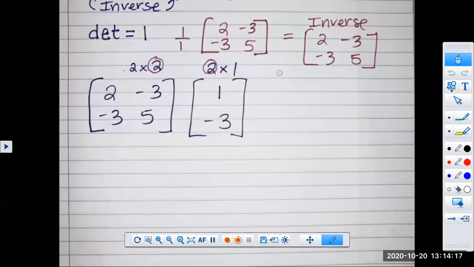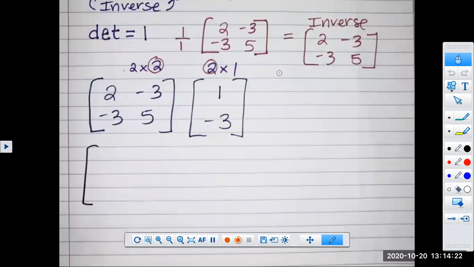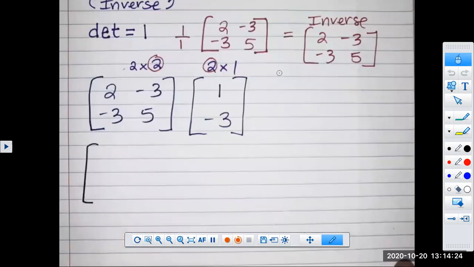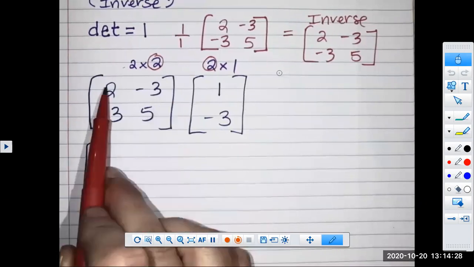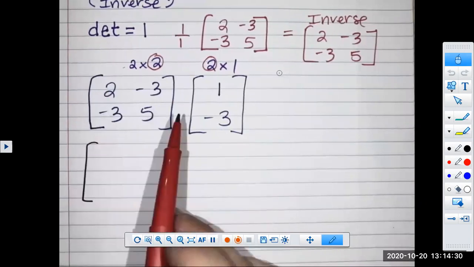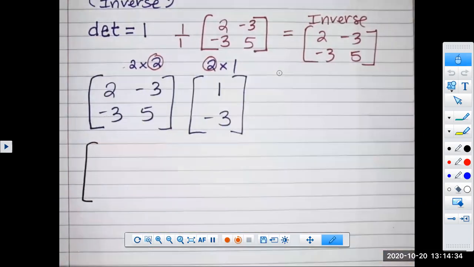All right, let's begin this long process. You always multiply by taking every row in the first matrix, multiplying those numbers to every column of numbers in the second.